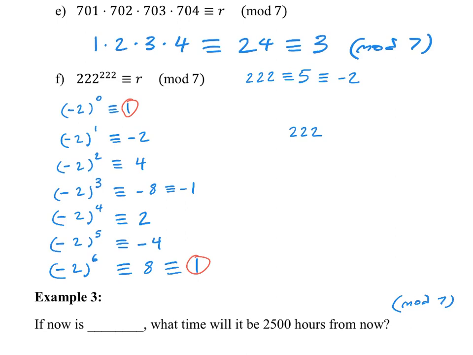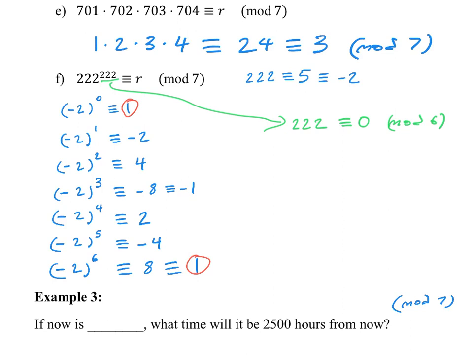Maybe we should color code this. Yeah, so this is the 222 coming from the power. We're interested in what is that in mod 6. So if we take 222 and we divide it by 6, there's no remainder. That's a multiple of 2 and a multiple of 3, so that's 0.